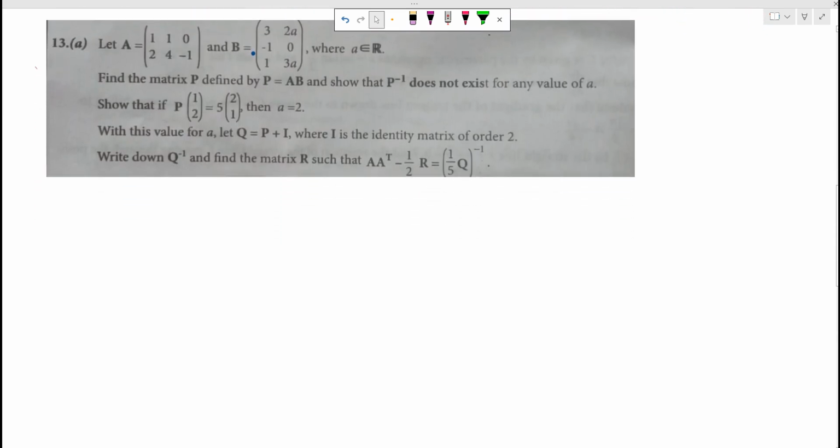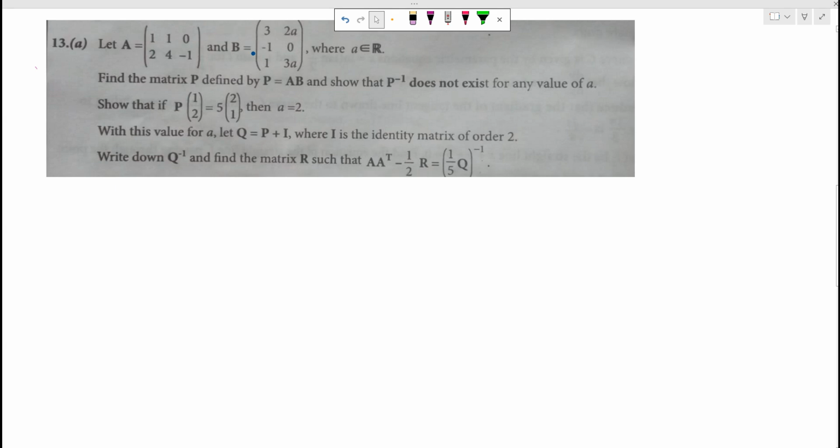This question is also coming from matrices. Two matrices are given, and in the matrix we have some unknown values in terms of A, where A belongs to the real numbers. Find the matrix P defined by P is equal to AB.